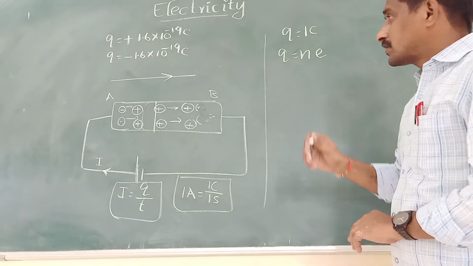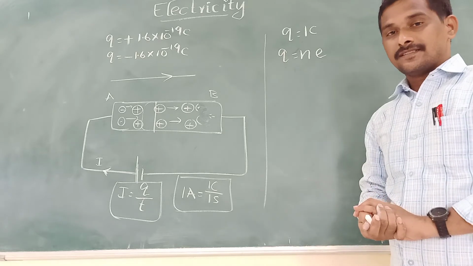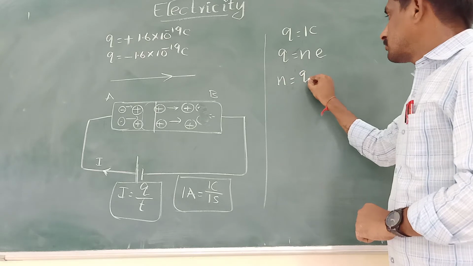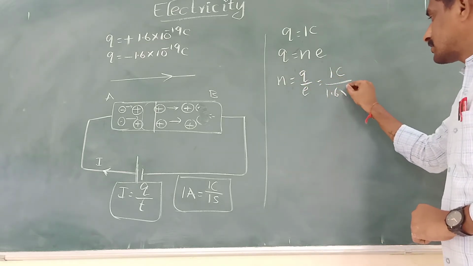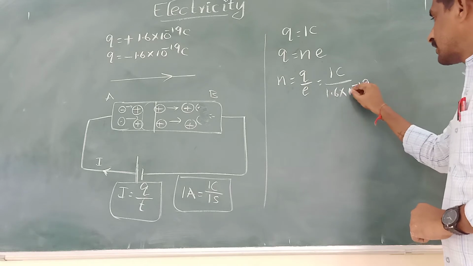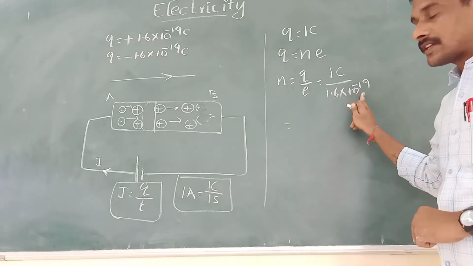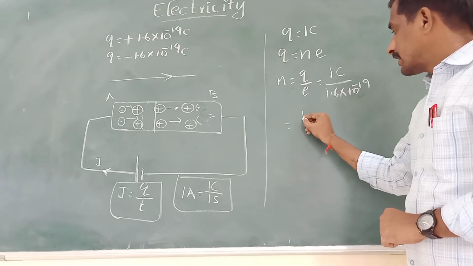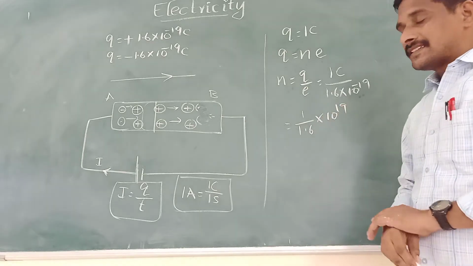Substituting, n is equal to Q by e, that is 1 coulomb by 1.6 into 10 power minus 19. Sending 10 power minus 19 to the numerator, it becomes plus 19, so n is 1 by 1.6 into 10 power 19.